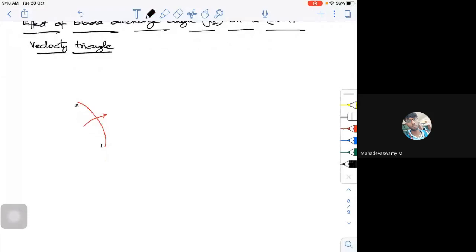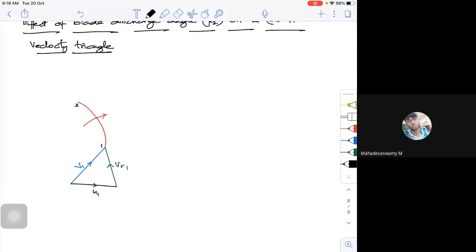So 1 is the inlet velocity triangle, and for 2 I am going to draw the outlet velocity triangle. First I will draw the inlet velocity triangle. It will be something like this. If there is a free one, this is my V1, this is my VR, and I do have the U1.